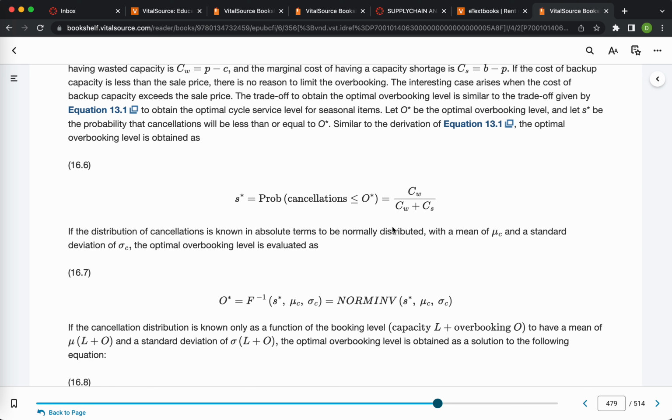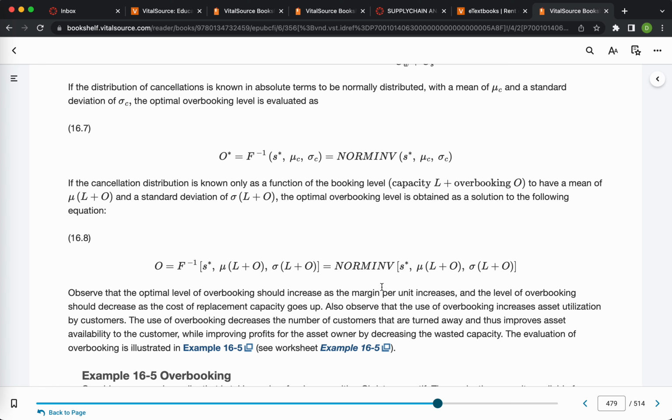We look at normally distributed demand, and if we know the mean and standard deviation of this normal distribution, it's a very straightforward calculation, just like we did with the newsvendor model. I'm sorry, this is not the optimal overbooking level. This is just the critical ratio, and then we can calculate the optimal overbooking level using the inverse of the normal distribution.